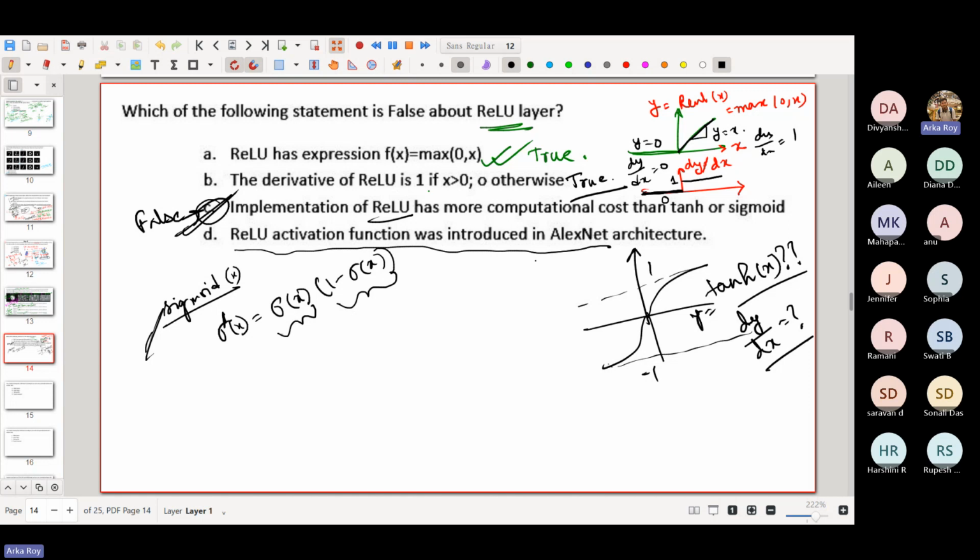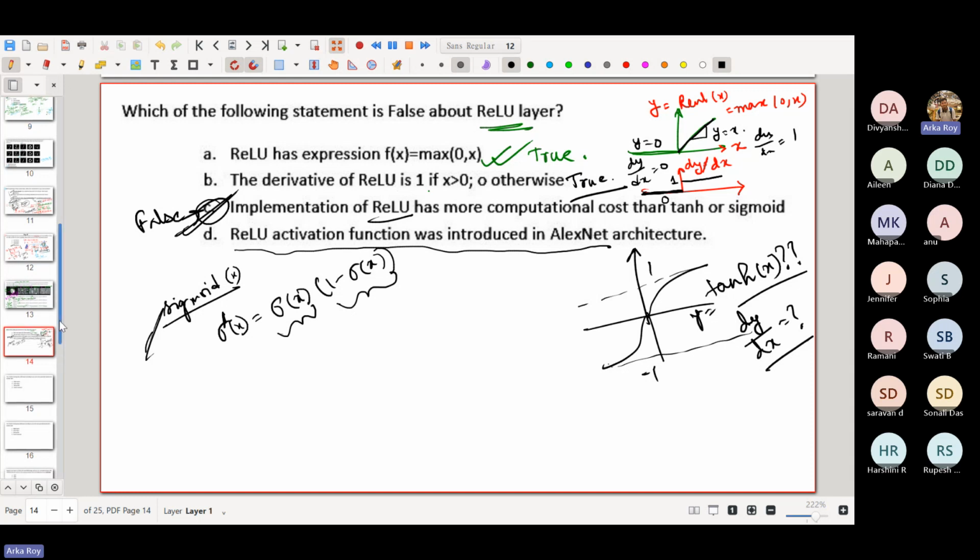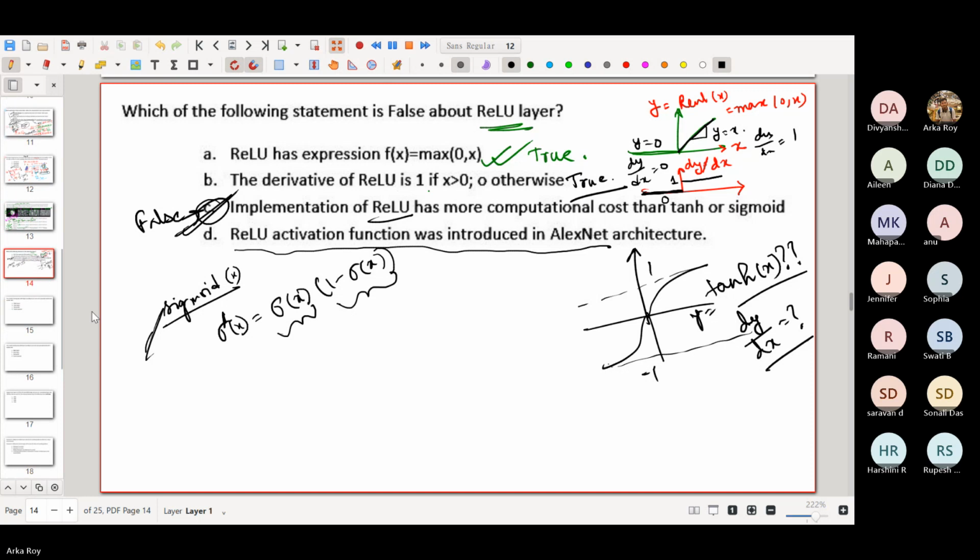Nobody remembers these things. As you are doing the code, you might have to remember these things, but as you get to know deep learning, the nitty-gritty information nobody asks about.